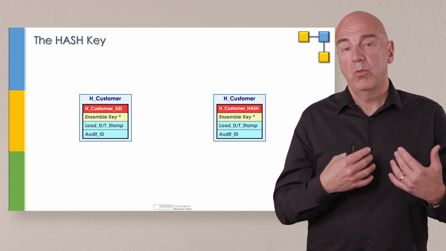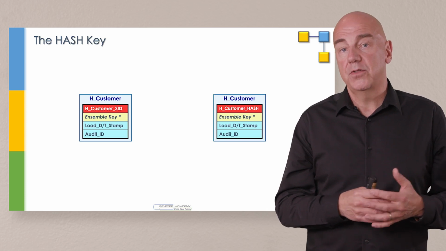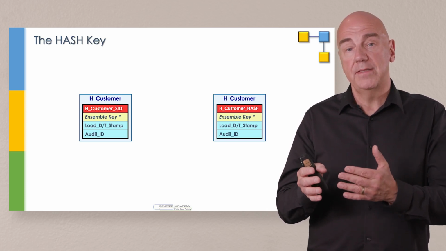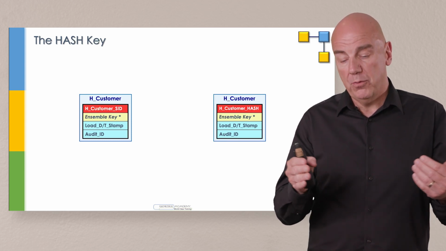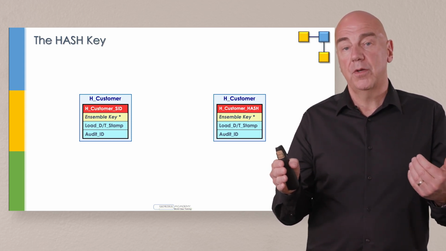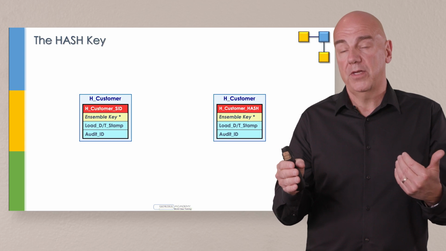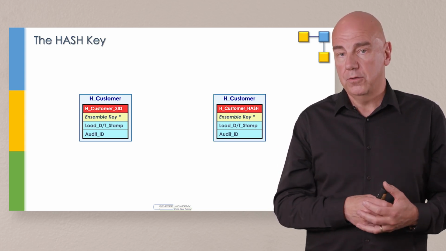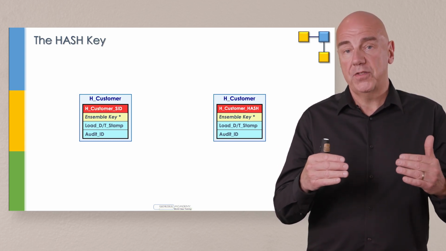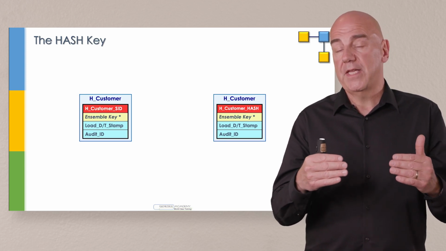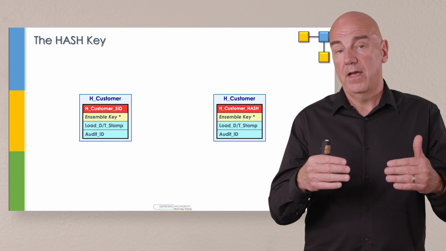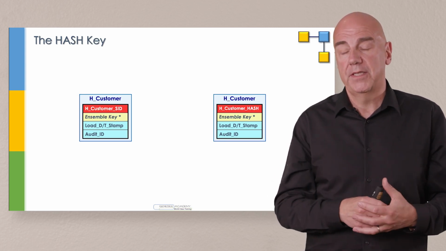In other words, whatever the concatenation is that we used to reference the business natural key, even though it's concatenated with other components to make it unique enterprise-wide, the hash is simply a translation of it, which means it's really the same thing as having the key be the ensemble identifier.